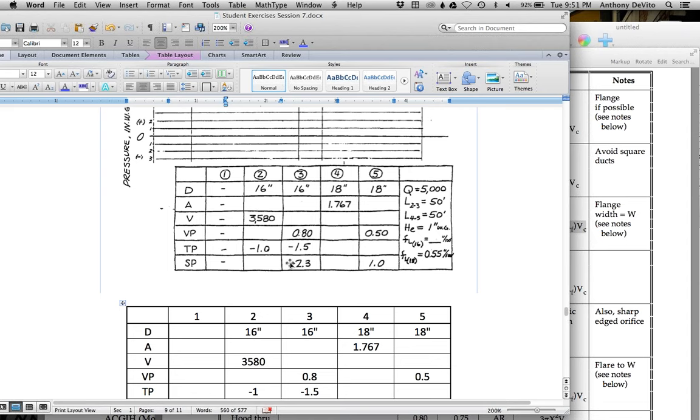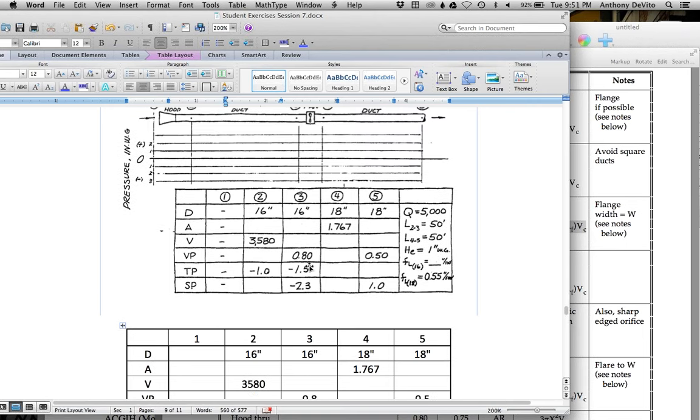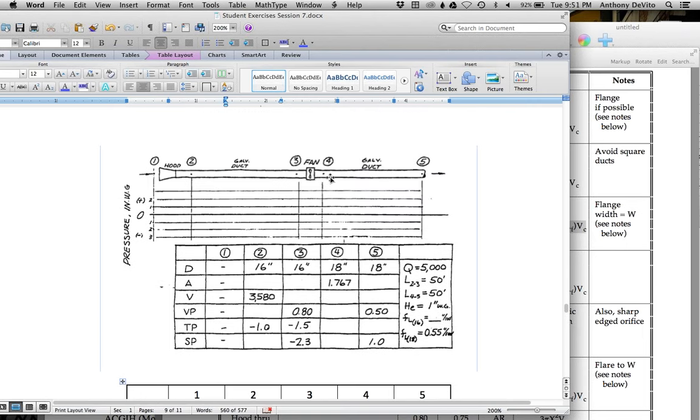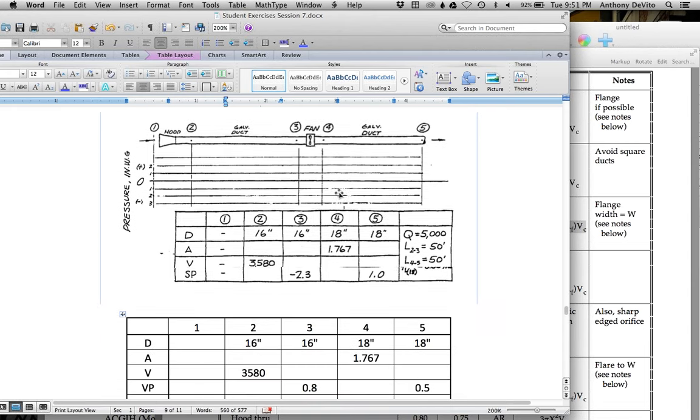We didn't calculate static pressure here, but you can because you can calculate velocity pressure. Let's say, for instance, that point 2 is -1. I don't know what it is, but you're going to calculate it yourself. So this is -2.3. Now after the fan, we're dealing with positive static pressures. It's pushing out against the ductwork, right?